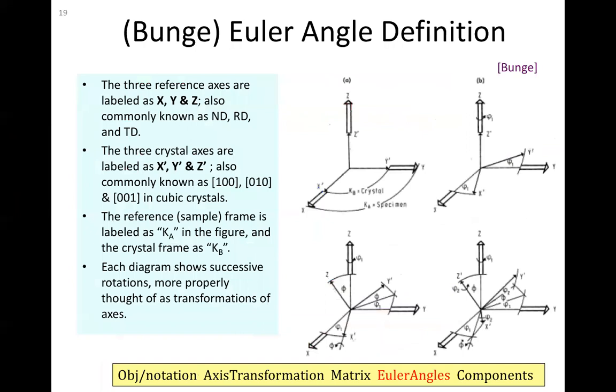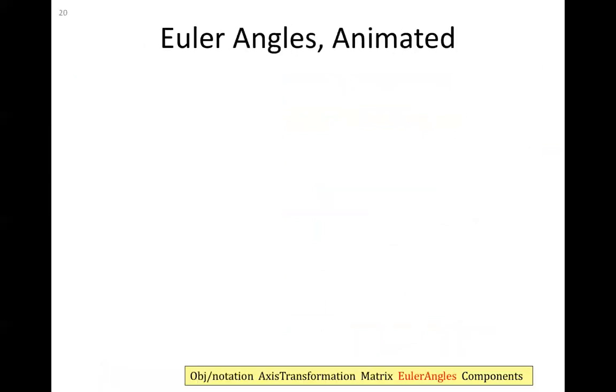Typically, we define things in terms of the Euler angles, or Bunge's Euler angles. And this is a set of 3 rotations to bring our crystalline sample into coincidence.